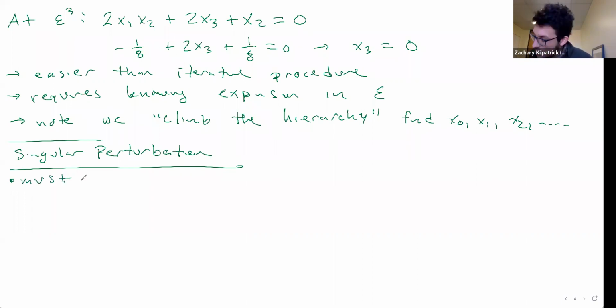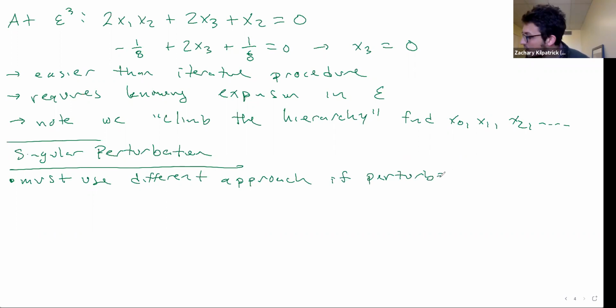Okay. So that really shows up when we start talking about singular perturbation theory. And I still haven't really told you what I mean by this, but you probably have heard the word singular before. And you know that it means a non-generic case, right?